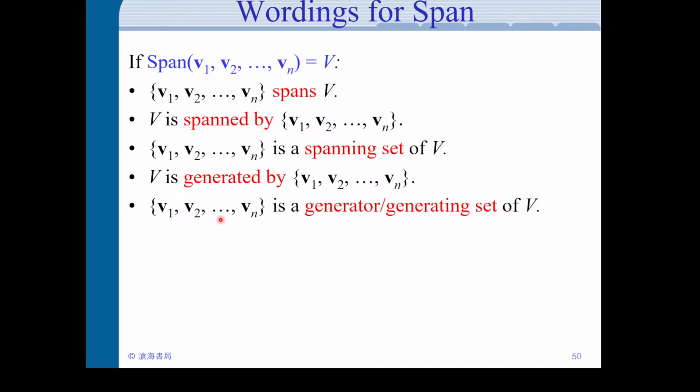This is what people like to use when you are doing more advanced algebra. They will say V is generated by this set, or this set is a generator or generating set of V. So here are some wordings of some set being a span of your V.